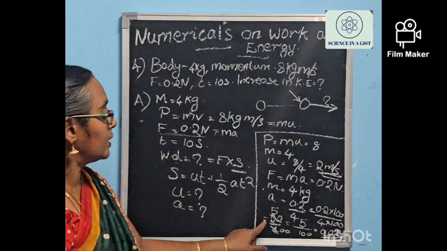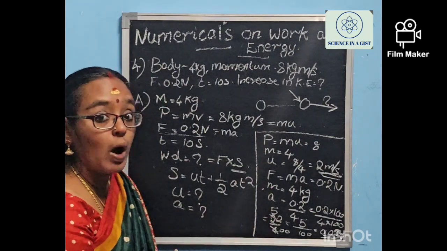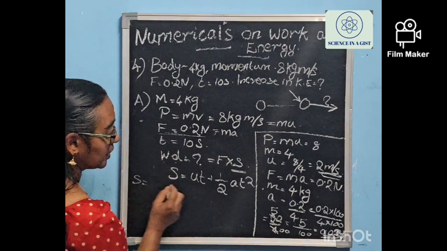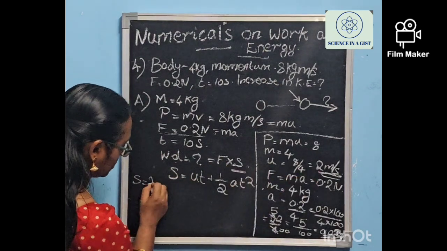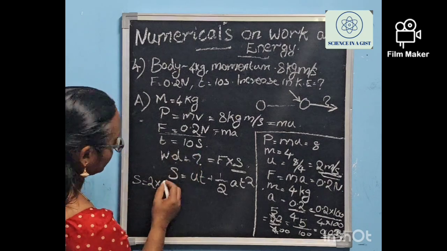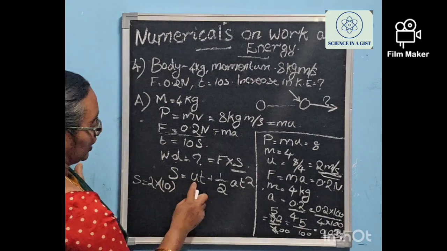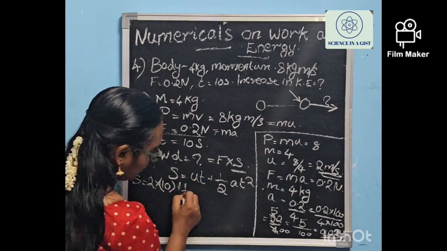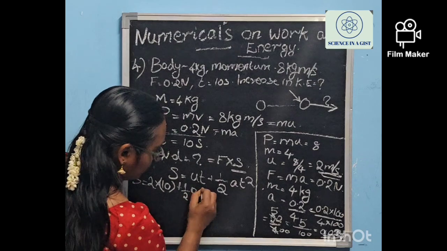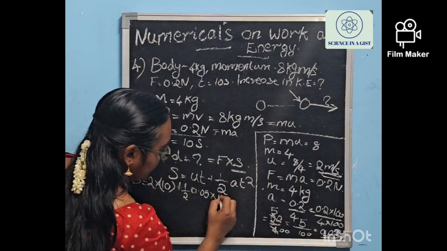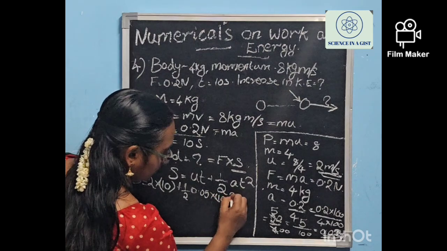So we have found out u as well as a. Now apply the formula and find S. So u is 2 meter per second, 2 into t, which is 10. ut plus half a t square. What is a? 0.05 into 10 square, 10 into 10, isn't it?